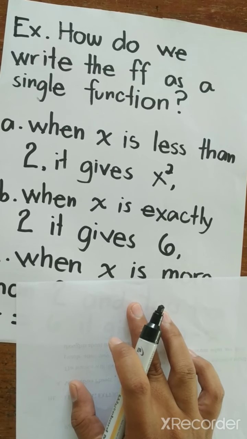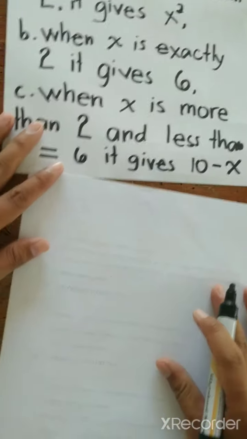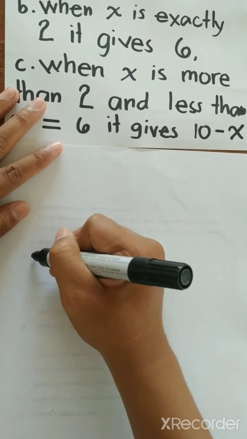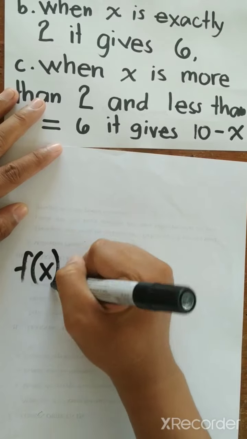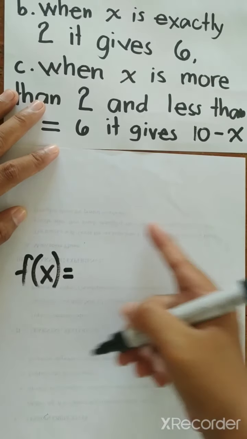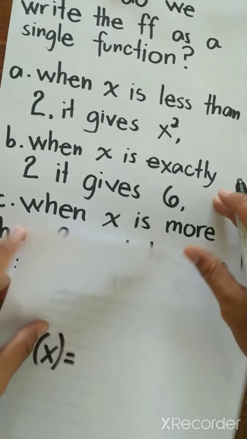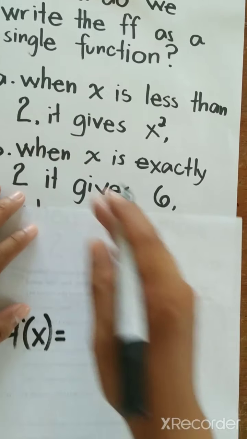Since this is a piecewise function, we will just denote it by f of x. First we are going to write the first given here above. When x is less than 2, it gives x squared.